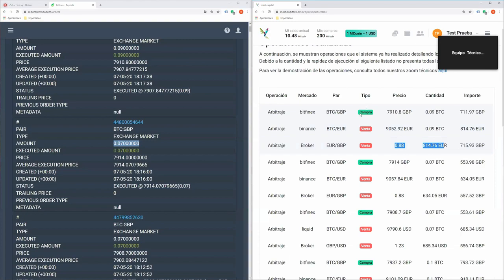Sell this operation, and the profit of this operation is the difference between 715 and 711. We have near 4 GBP more or less in this operation. Okay.